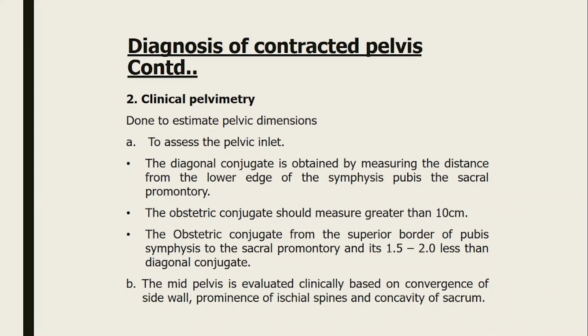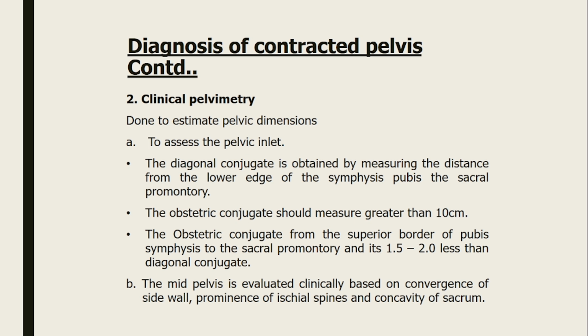And usually, the obstetric conjugate is shorter than the diagonal conjugate. It's about 1.5 to 2.0 centimeters less than the diagonal conjugate. And the true conjugate is the distance between the mid portion of the pelvic symphysis to the sacral promontory.